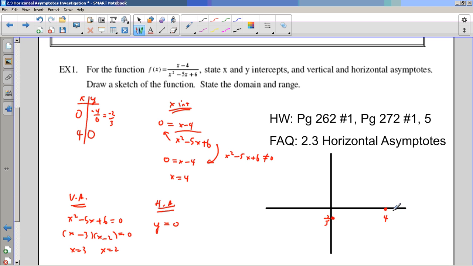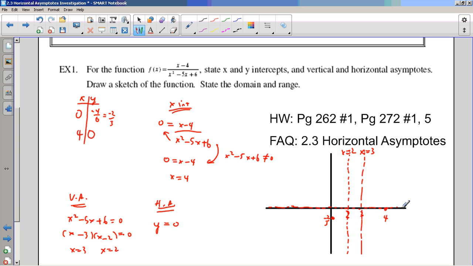The x-intercept at 4. And then vertical asymptotes here at 2 and 3, and my scale's not very good, I don't really care too much. So x equals 2 and x equals 3 are the vertical asymptotes. The horizontal asymptote is y equals 0, which is pretty strange.